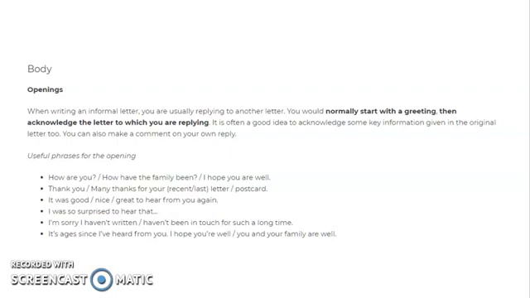Acknowledge means show that you have read what your friend has told you. There are some useful phrases for the opening. It is a good idea to memorize some of them so that you can use them in your letters.